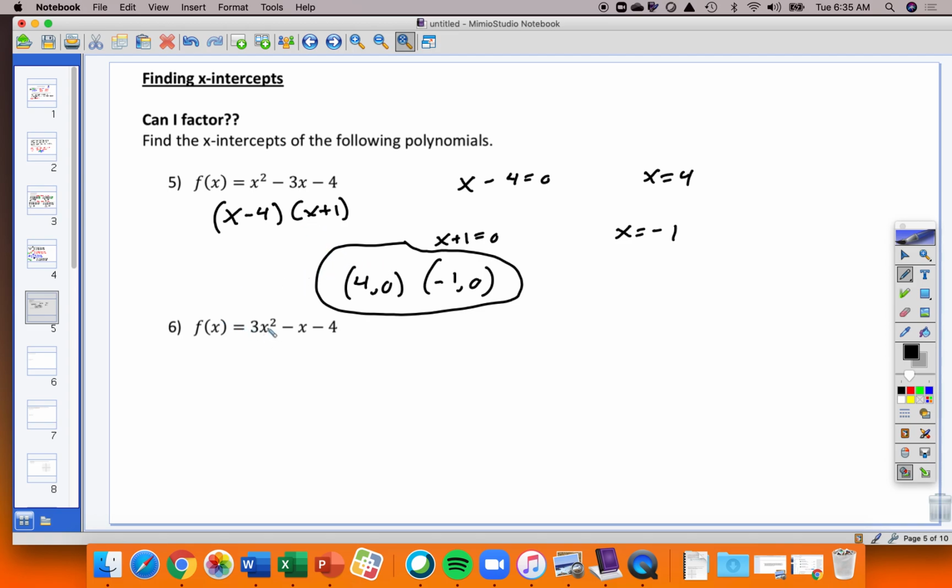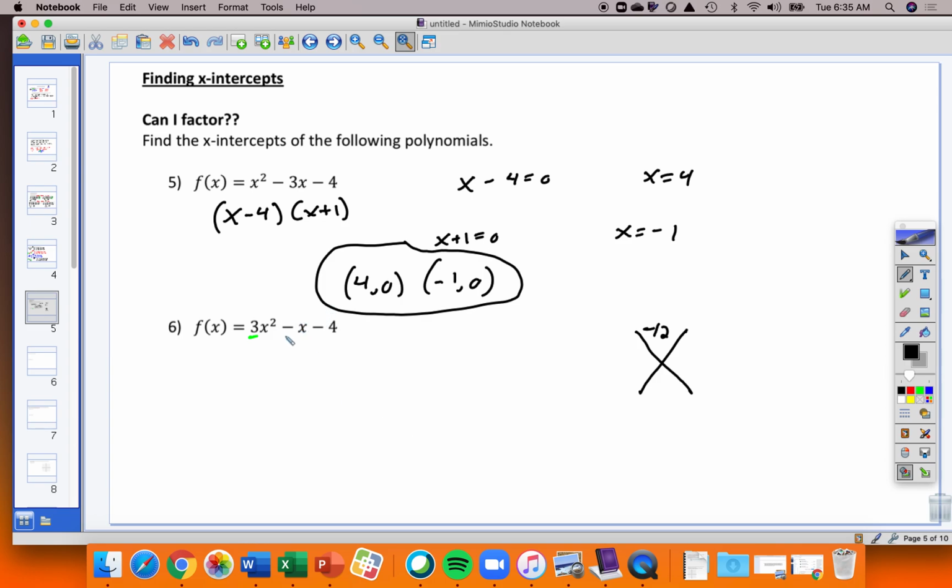Number 6, can we factor? Oh, this is a little trickier because my leading coefficient is no longer 1, right? So when we're factoring these, the best thing I like to do is what's called the x box. So I make a little x over here. I take the 3 and the negative 4, multiply them together and get negative 12.